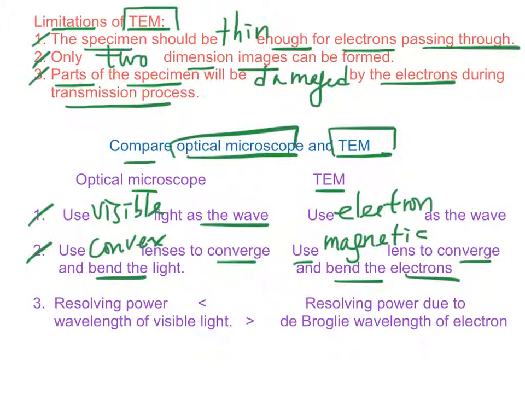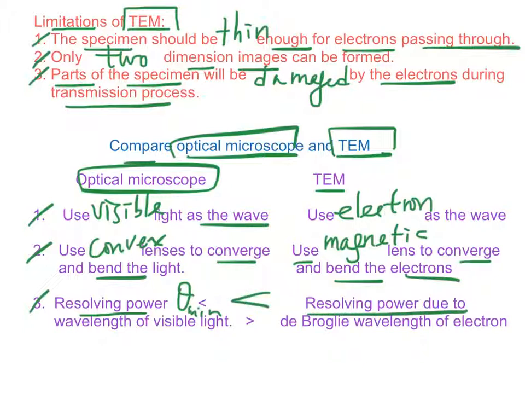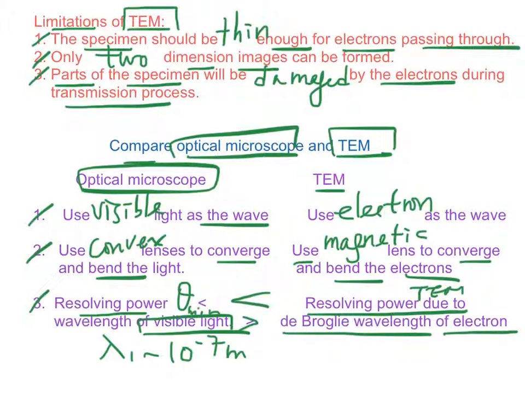Also, the resolving power theta for an optical microscope is smaller than the resolving power of a TEM, due to the wavelength of the visible light, lambda, is the order of 10 to the power -7 meters, which is larger than the de Broglie wavelength of electrons, which is about the order 10 to the power -10 meters.